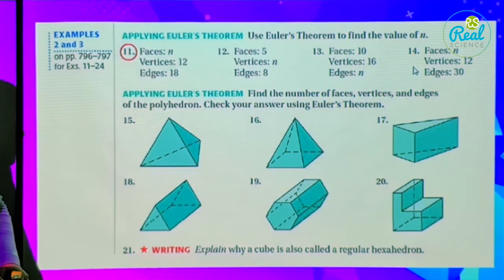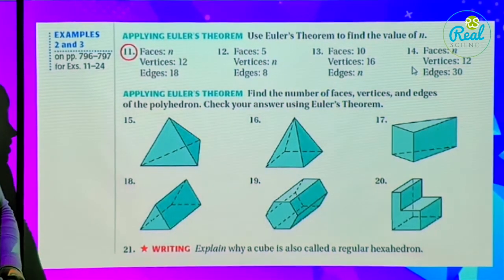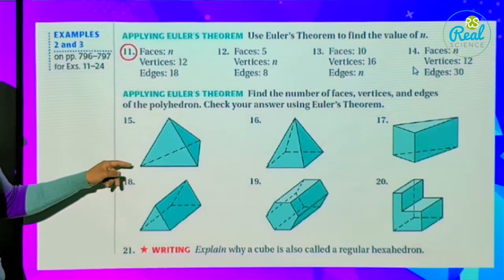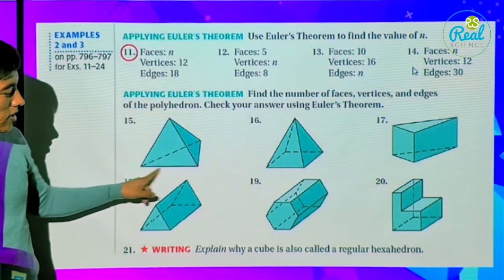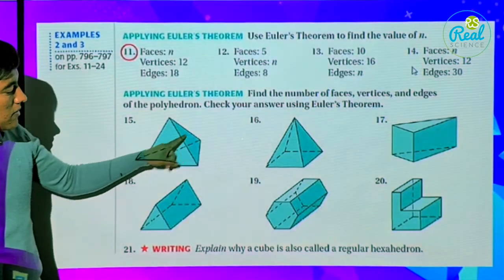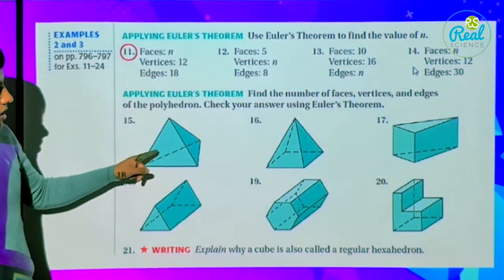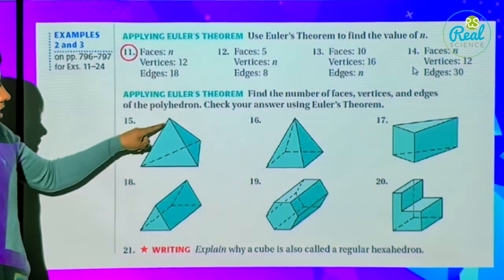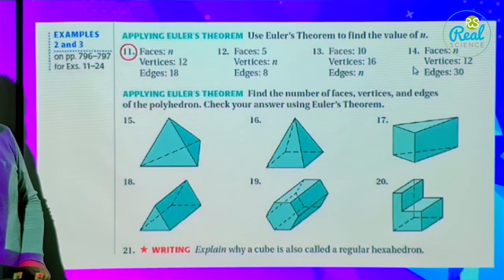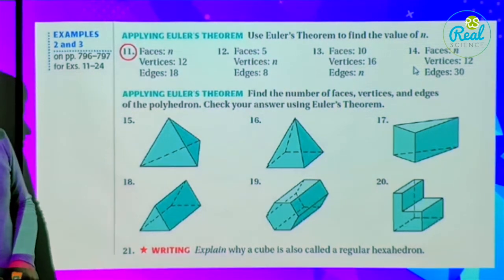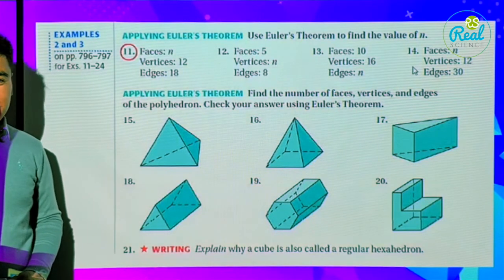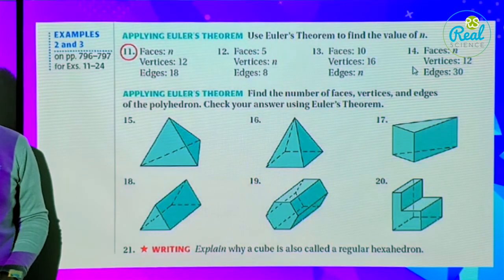Applying Euler's theorem, find the number of faces, vertices, and edges of the polyhedron. Check your answers using Euler's theorem. It's a triangular pyramid, and we have 4 vertices and 4 faces, and 6 edges. 6 plus 2 is 8.